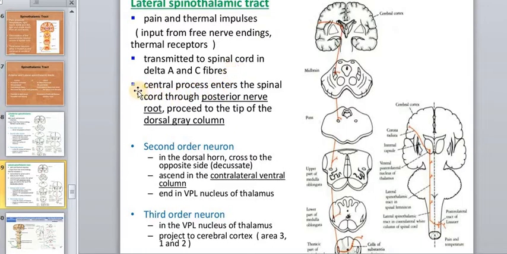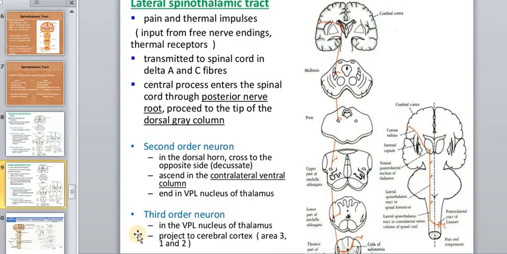Central processes enter the spinal cord through the posterior nerve root, proceed to the tip of the dorsal gray column, and the second order neuron in the dorsal horn crosses to the opposite side, so they change position from the right side, for example, to the left, and from the left to the right, and in the nucleus of the thalamus.